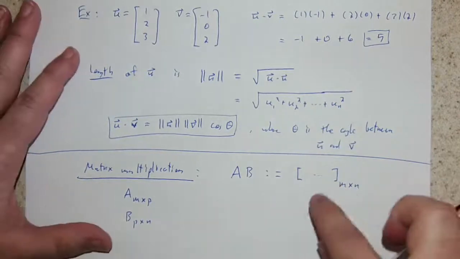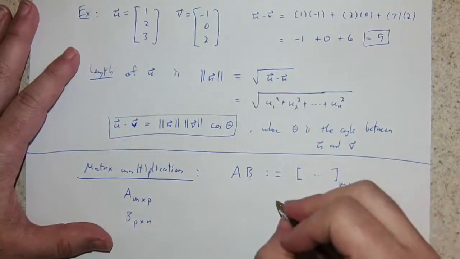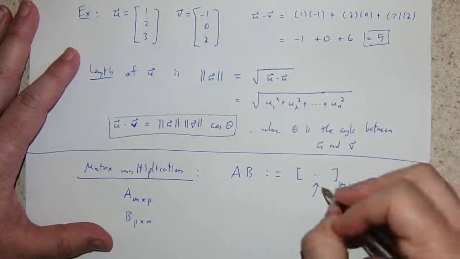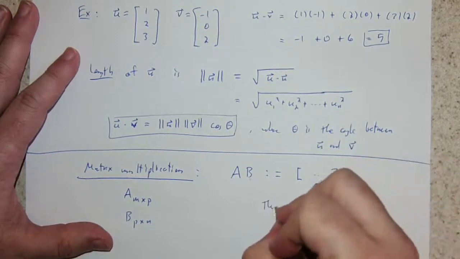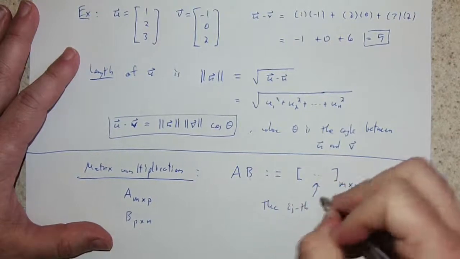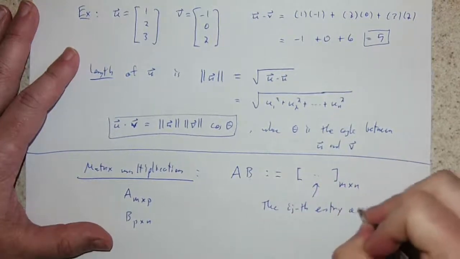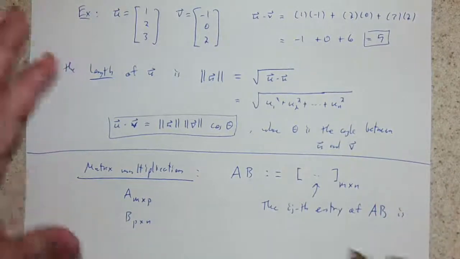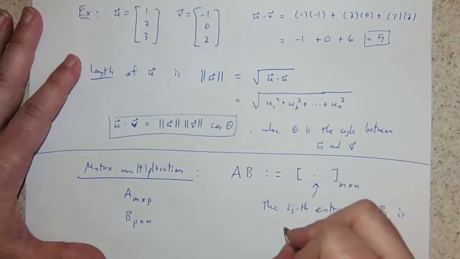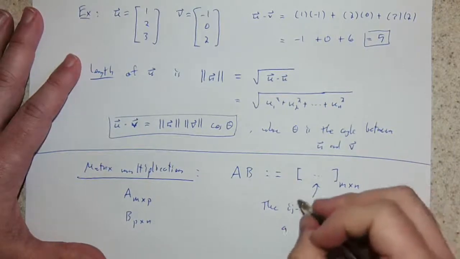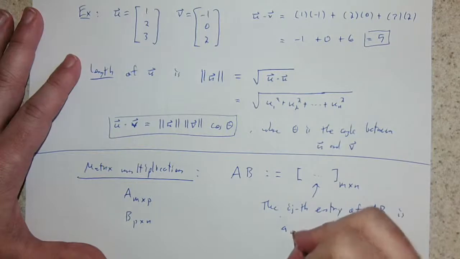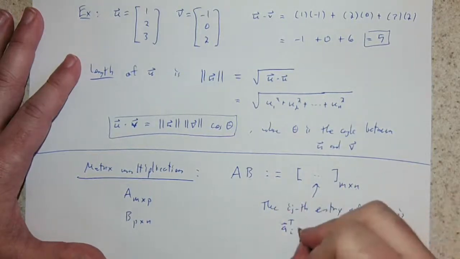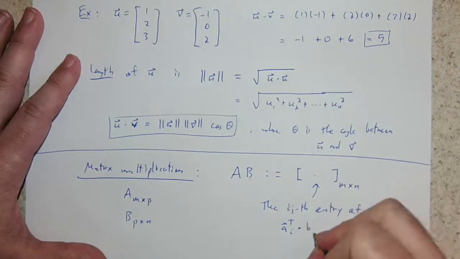What is this matrix? The ijth entry of AB is, we'll say, A sub i as a vector transpose dotted with B sub j.